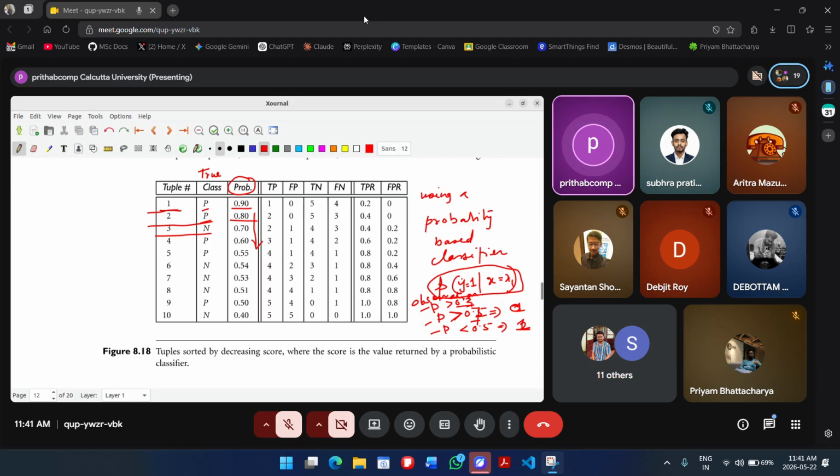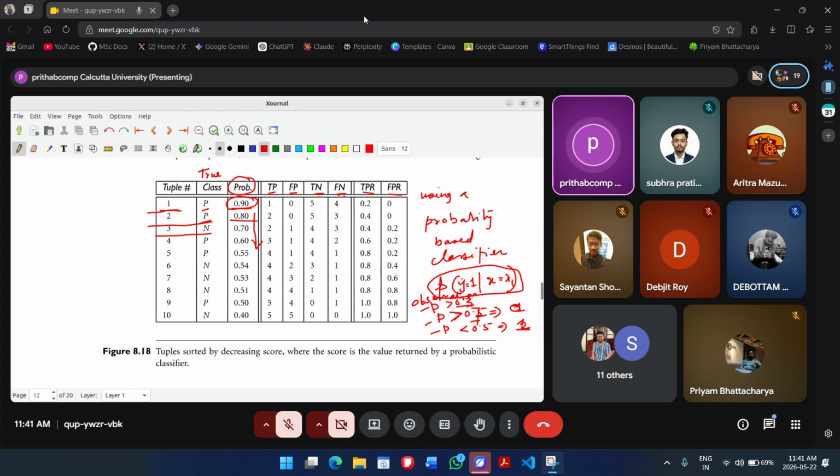In order to calculate TPR and FPR, I will require the true positive, false positive, true negative and false negative. All these 4 pieces of information will be required. Just notice that if your threshold would have been 0.90, then what will be the true positive, false positive, true negative and false negative?